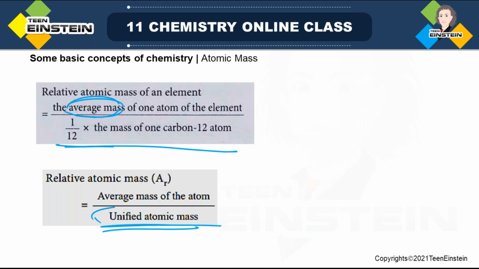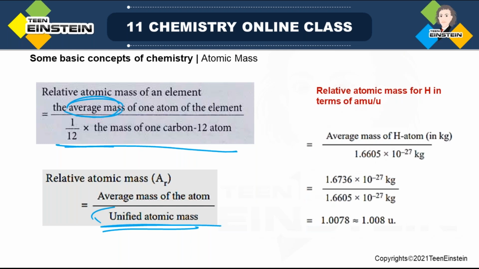So one example you can see here, relative atomic mass for hydrogen. If you want to calculate in terms of amu, then what we will do? First, we will take the average mass of a hydrogen atom in kg. You can also do it in gram, divided by unified atomic mass. And unified atomic mass is having this value.